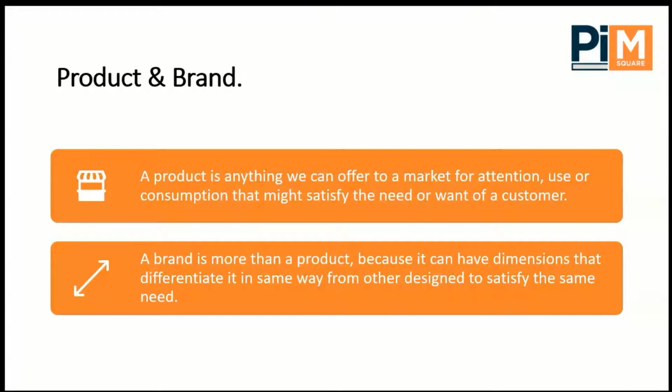These give us different dimensions of quality, comfort, durability, safety. All these things make the product a brand. A brand is therefore more than a product because it can have dimensions that differentiate it in some ways from other products designed to satisfy the same needs.